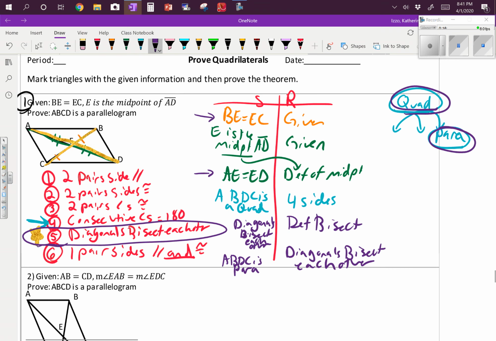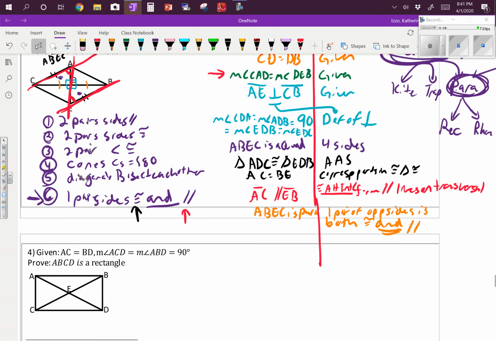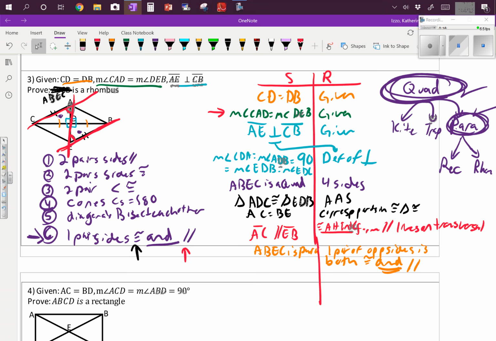And if we were on 1 or 2, where it says prove parallelogram, we'd be done. We're not done. No, indeed. We need to go all the way to rhombus. We need to figure out what makes it a rhombus. Well, rhombus has another set of things that we need to know.